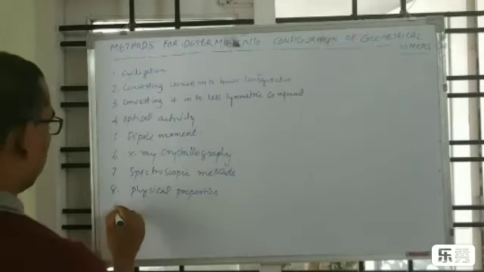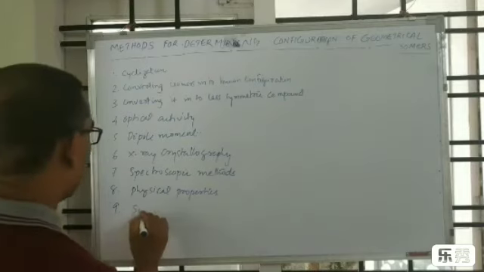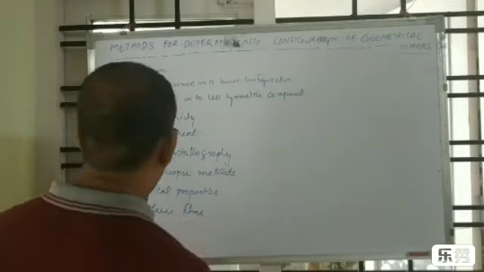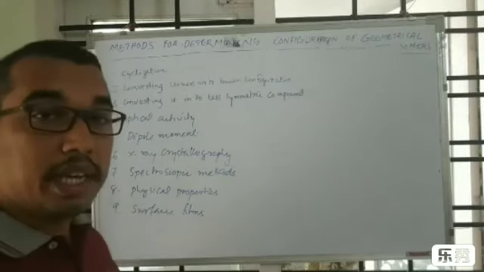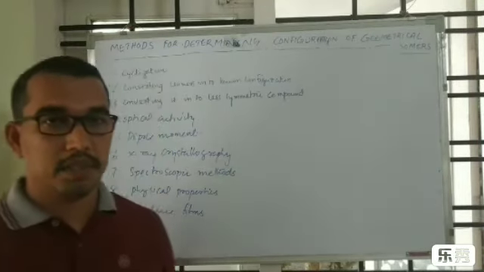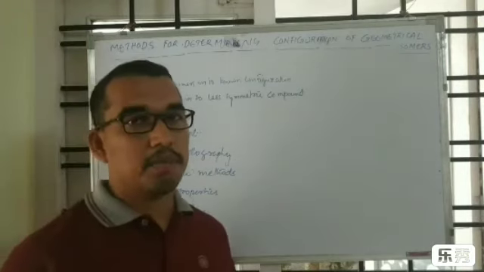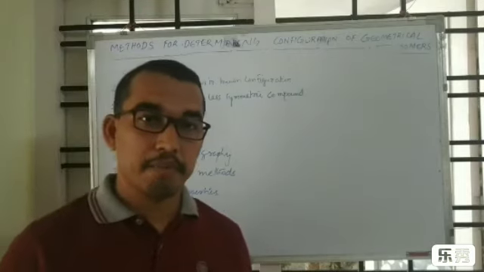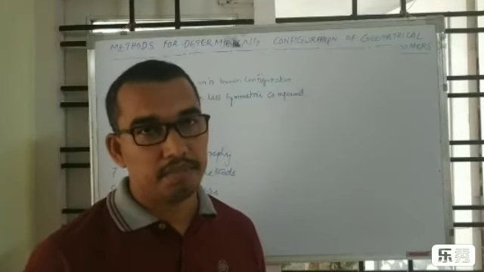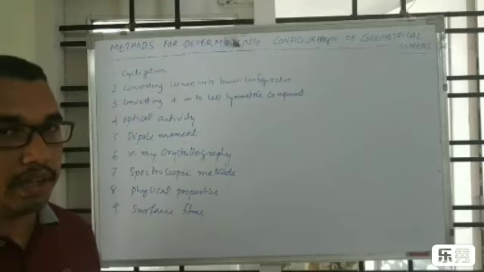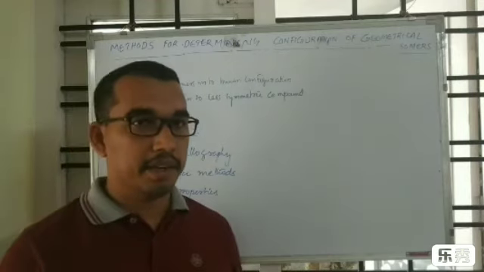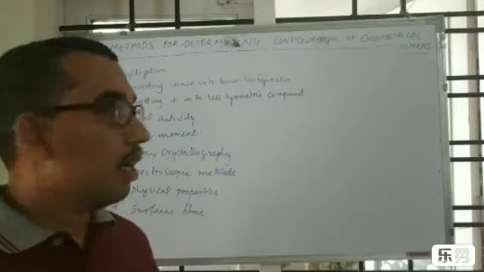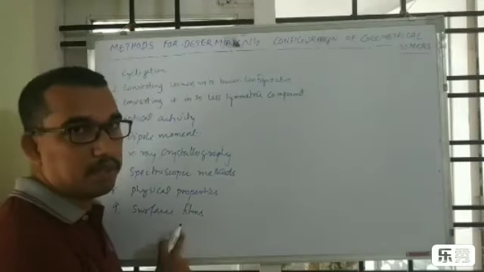Then the next method is surface films. Long chain geometrical isomers, for example long chain fatty acids with a terminal group which is capable of dissolving in a solvent, form surface films.